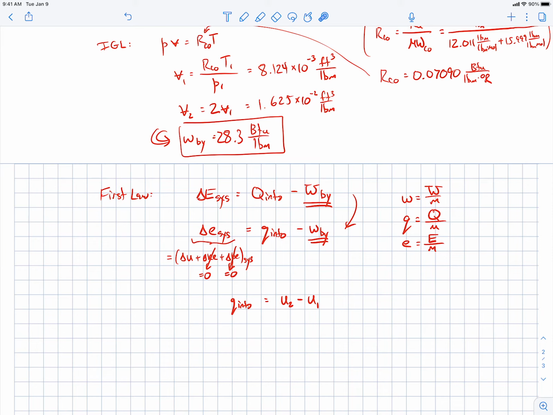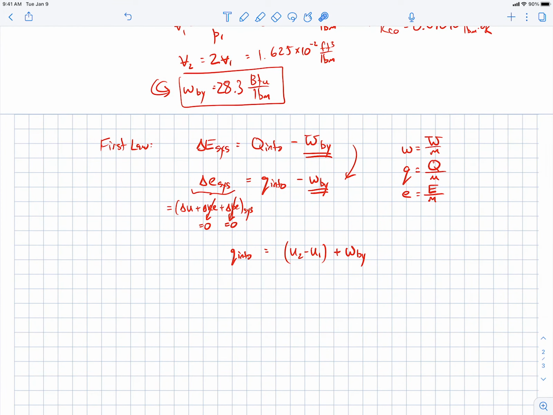Now, at this point, oops, I'm sorry, I made a mistake there. It's going to be U2 minus U1, and then I have the plus the specific work, right? Because I have to bring this one over to the left-hand side, so I forgot that one when I wrote that out.